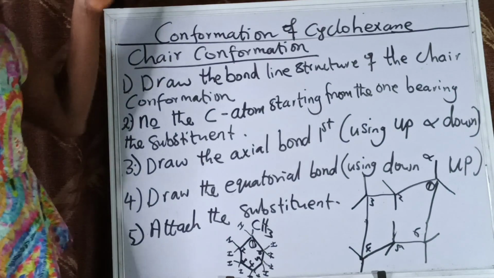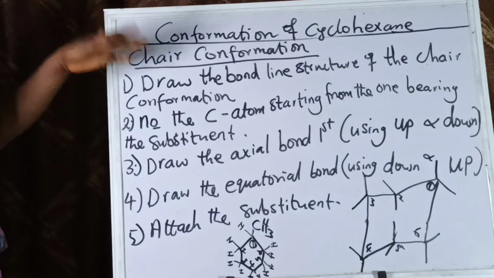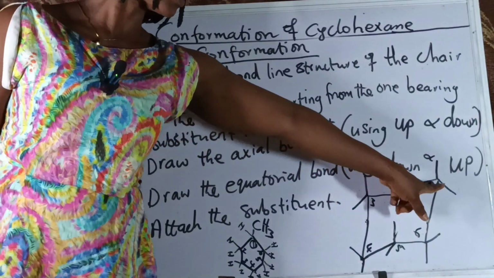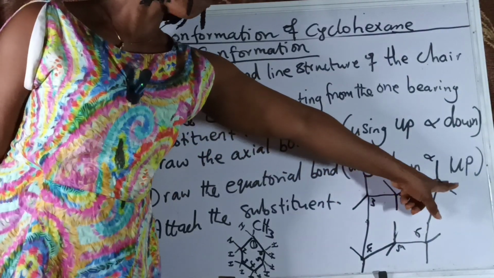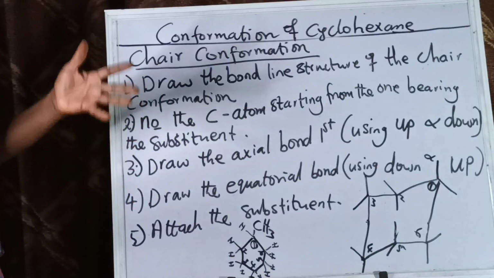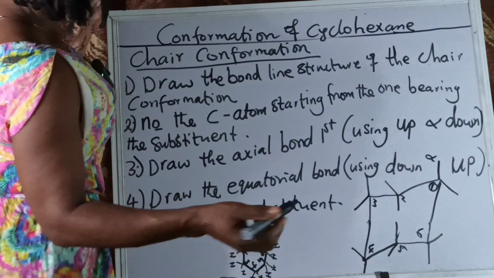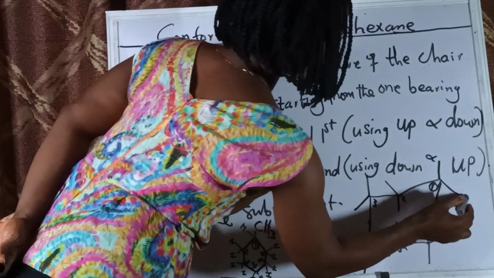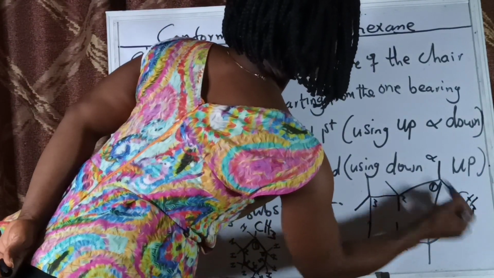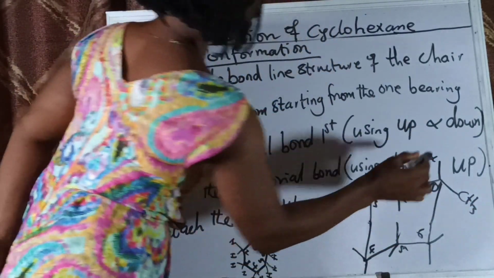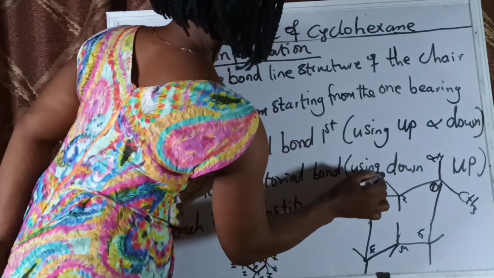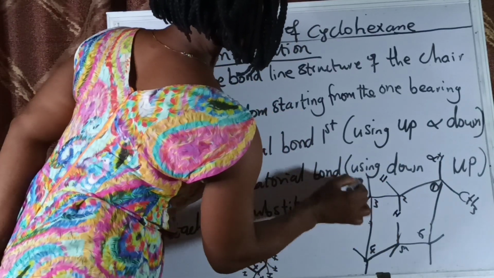In order to avoid that 1,3-diaxial interaction, we have to place our substituent at the equatorial bond, and that will give us a more stable configuration. It means that our methyl will be here, right? Remember your hydrogen. Then you place your hydrogen, right?